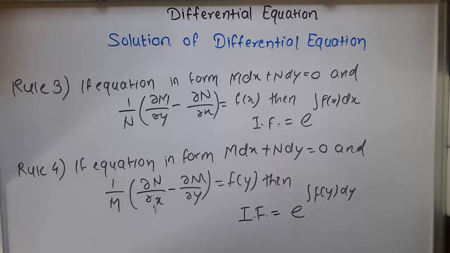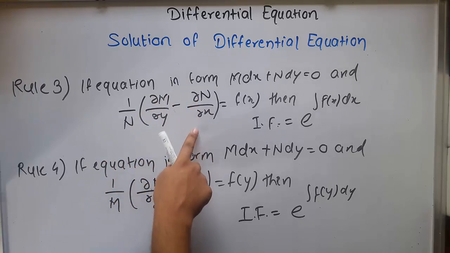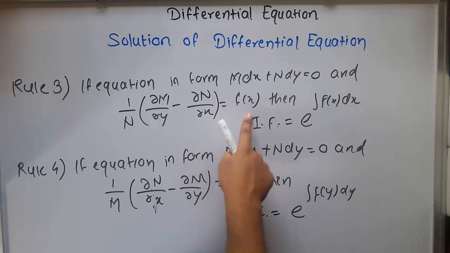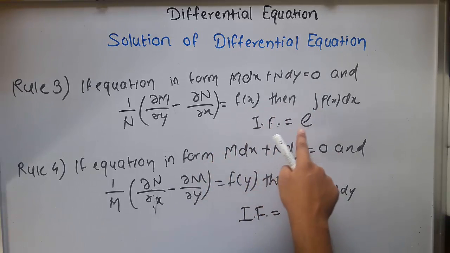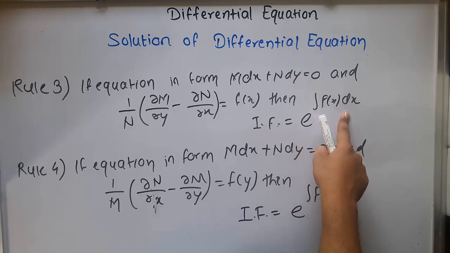Now we understand rule 3 and rule 4. In rule 3, if the equation is in the form M dx plus N dy equal to 0 and 1 by N (del M by del y minus del N by del x) is a function of x, equal to f(x), then the integrating factor will be e raised to the integration of f(x) dx.